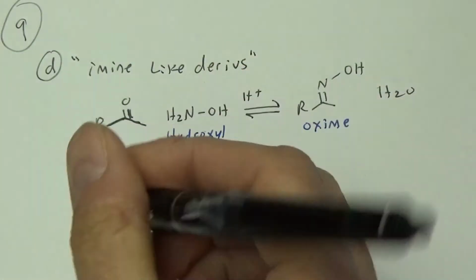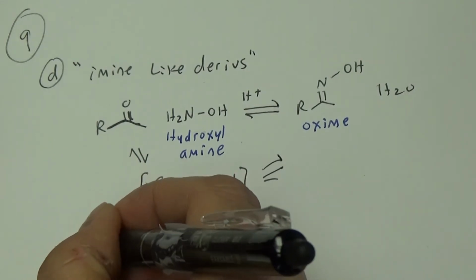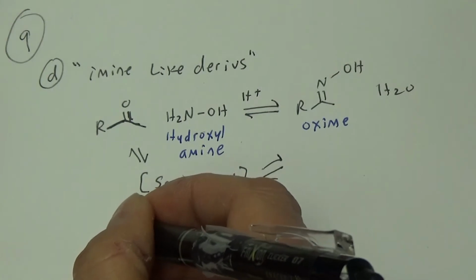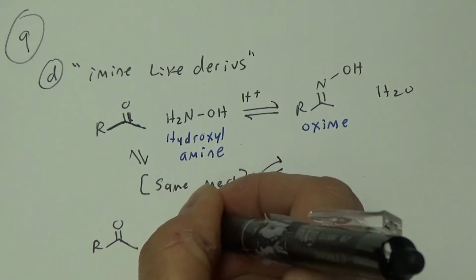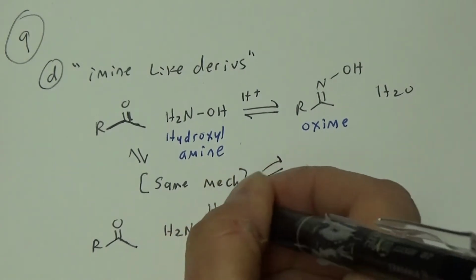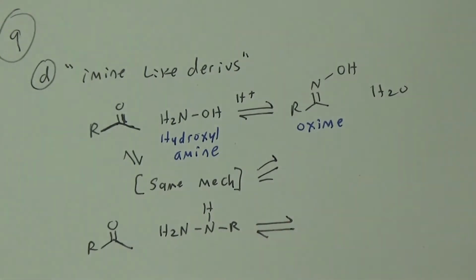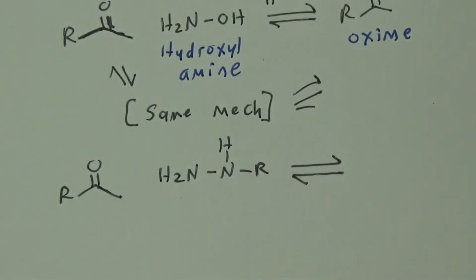Okay, what if we have a ketone or aldehyde and we react it with H2NNHR? Okay, so what is this thing? Well, we also have H plus cat.